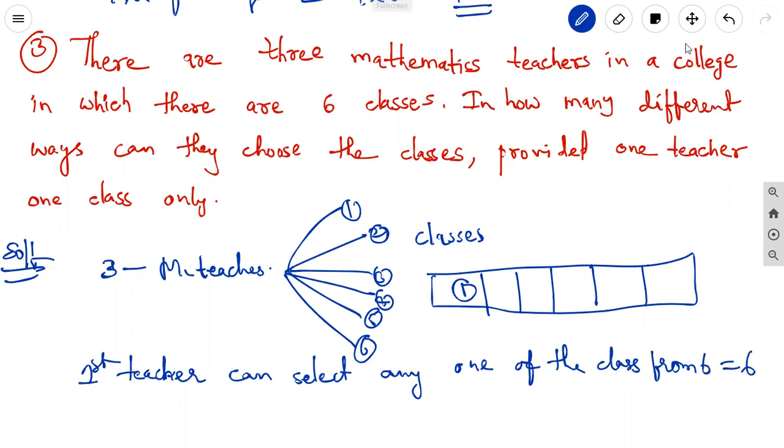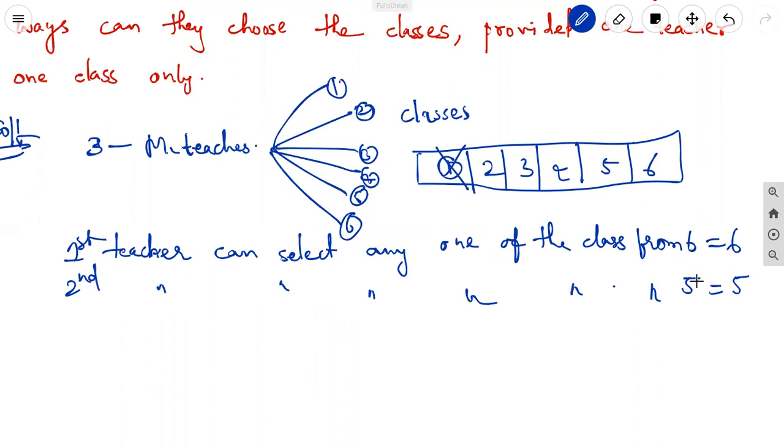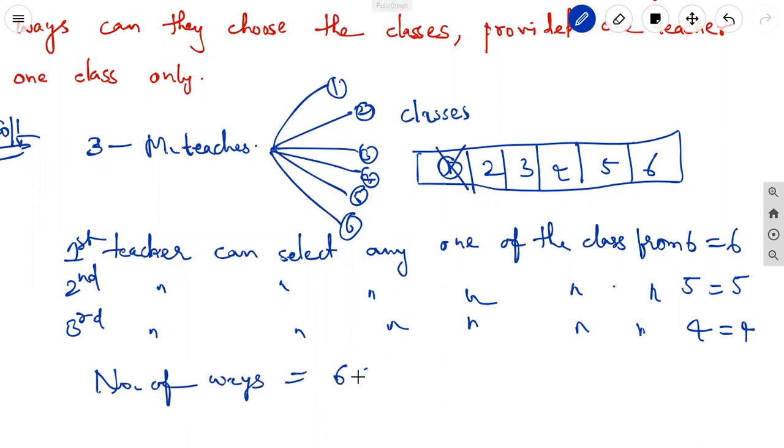The second teacher can select any one class; the first is taken, so the remaining are 5. So that is 5 ways. The third teacher can select any one from 4 classes, so 4 ways. So the number of ways is 6 into 5 into 4. 6 fives are 30, 30 fours are 120 ways.